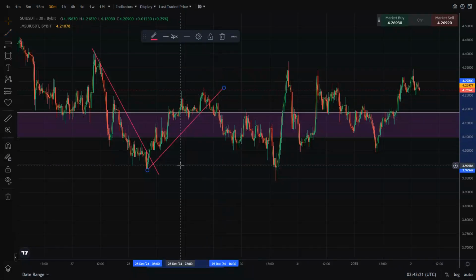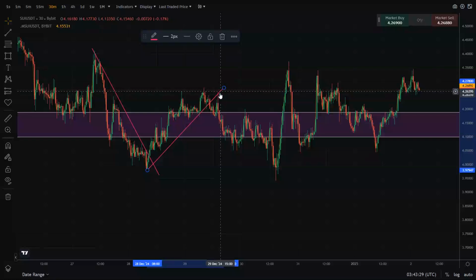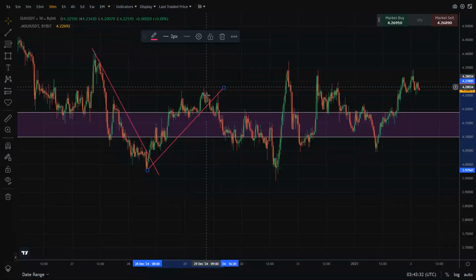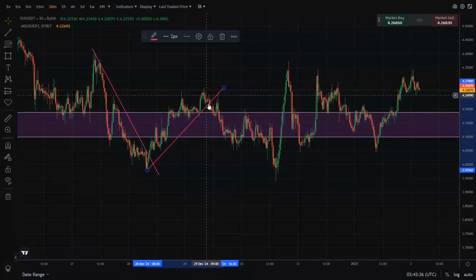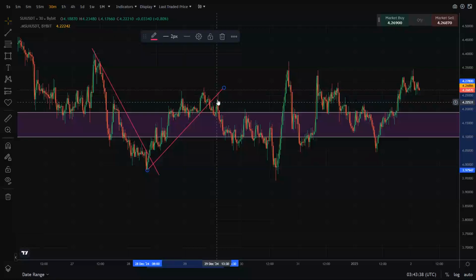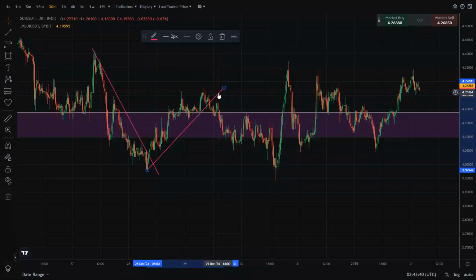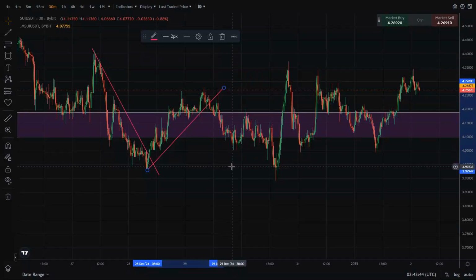So we have another trend line here, and you see when the price begins to move up, it keeps on. Then immediately we see a break of structure here. Sorry, a break of trend line. It tries to go up to break it, and it could not. Then after that, what happened? The price tanked down.